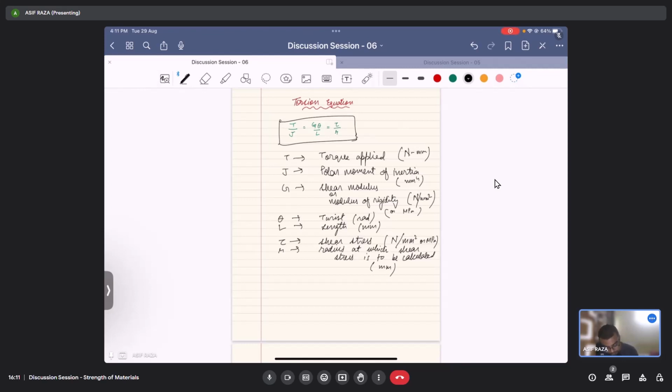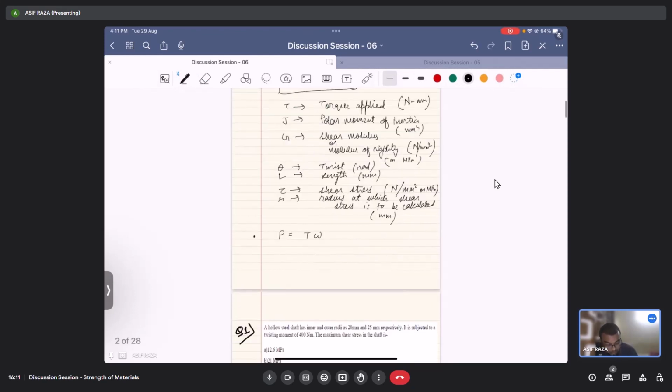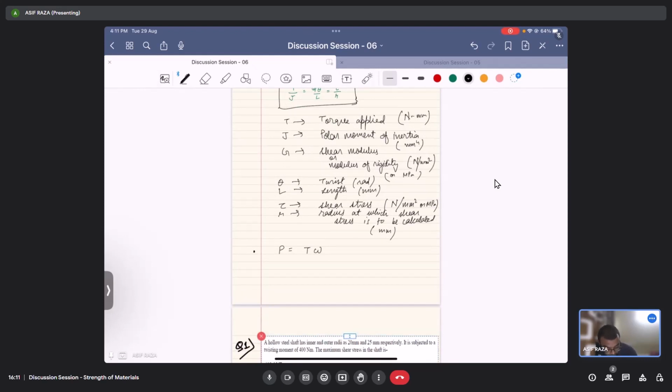Another thing we can remember is that power is equal to torque times omega, where omega is equal to 2 pi f, P is power given in kilowatt, omega is angular frequency, and f is frequency, with units in hertz or revolution per second.